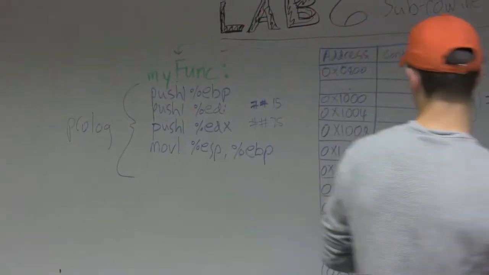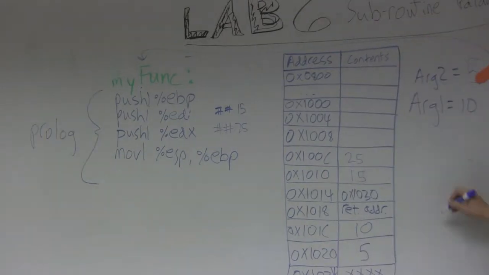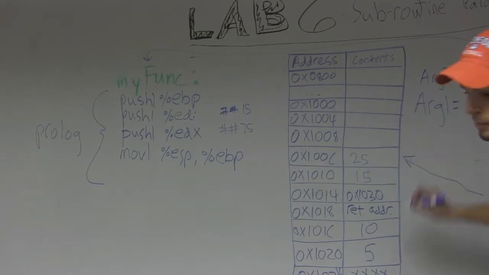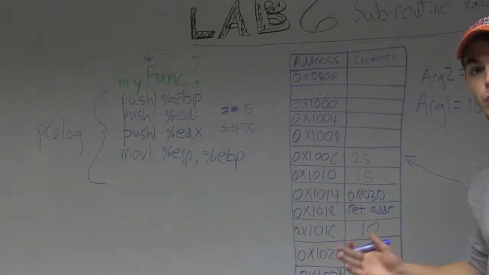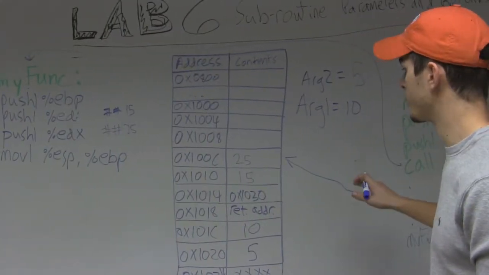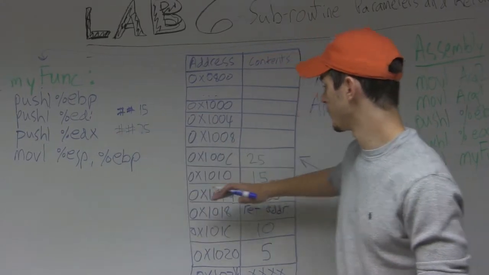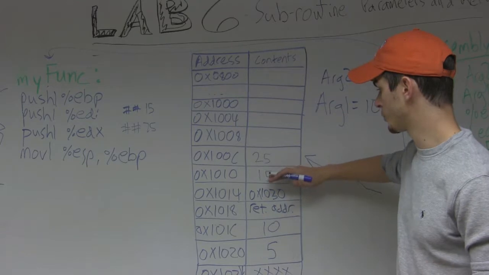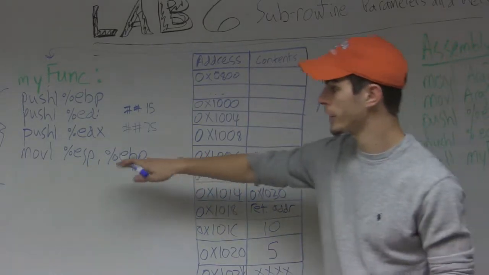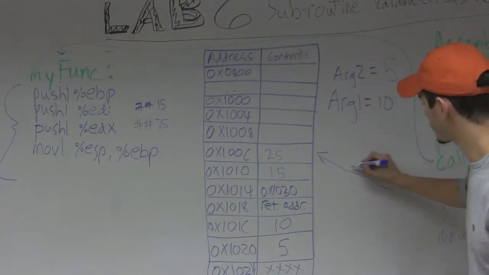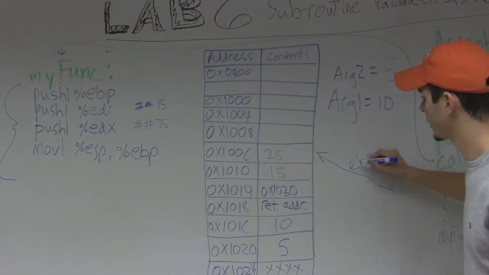So at this point, say EBP is now pointing at the top of where we are at, because each time you push an argument, the stack pointer is decremented with each push. So now, by moving the location that the stack pointer points to into the base pointer, now the base pointer is pointing right here.